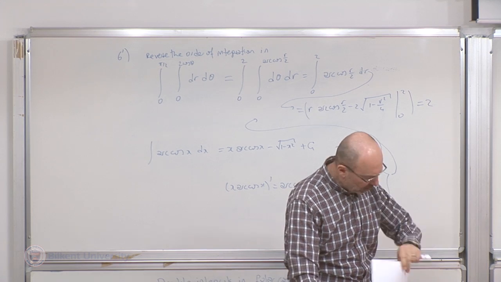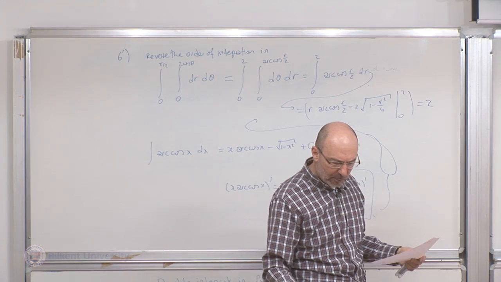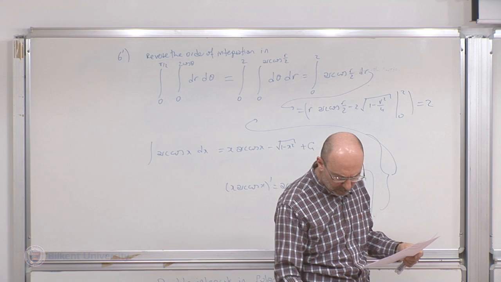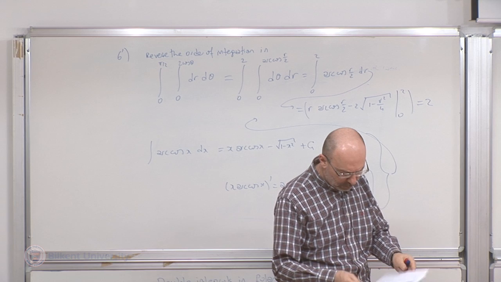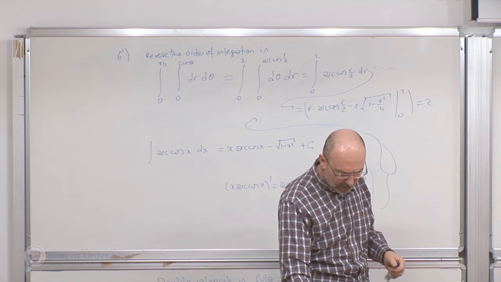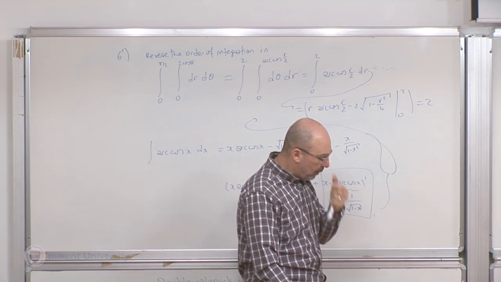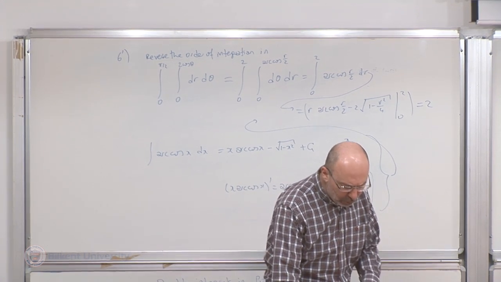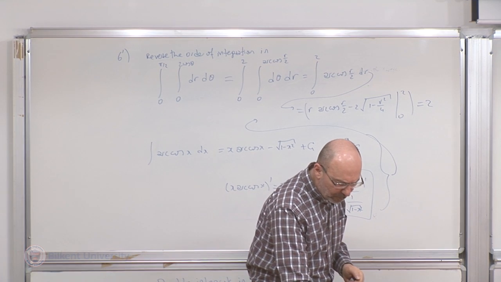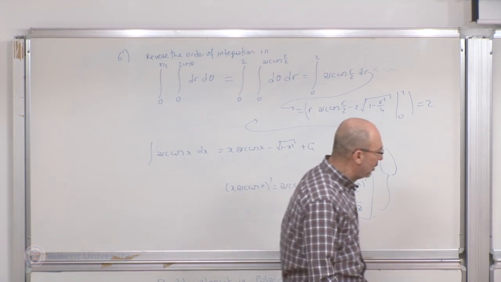Since we have 10 minutes, let me find an interesting problem. Okay, they are all interesting. Let me start these volume stuff. We'll do these volumes with polar coordinates again.